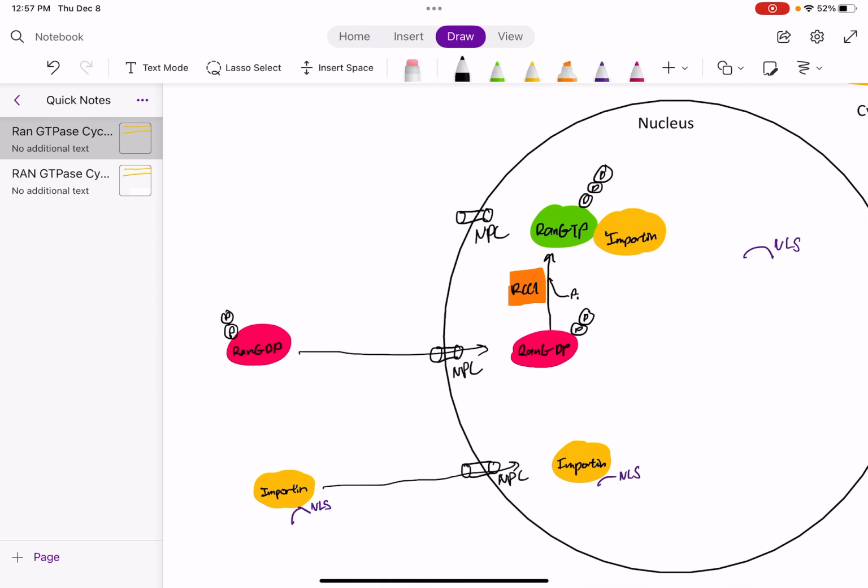Now, after this, RAN-GTP and importin exit into the cytosol. And they get acted on by two additional proteins.